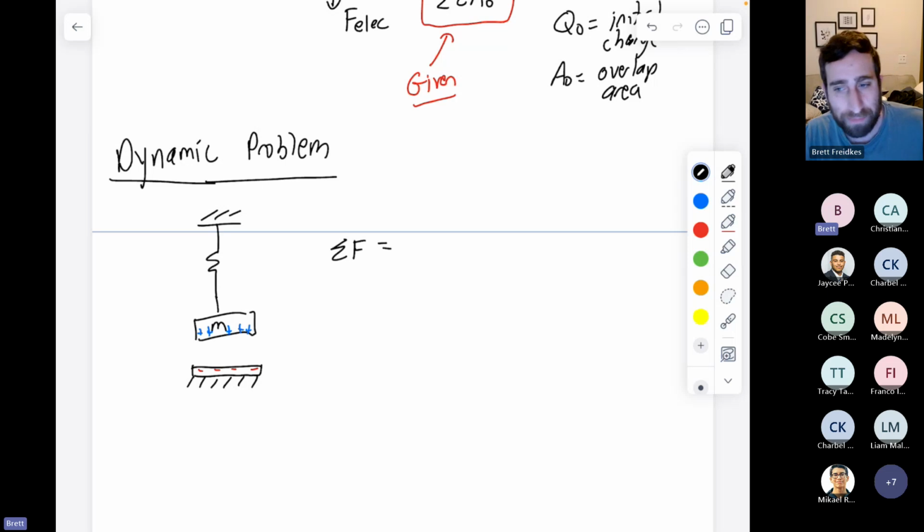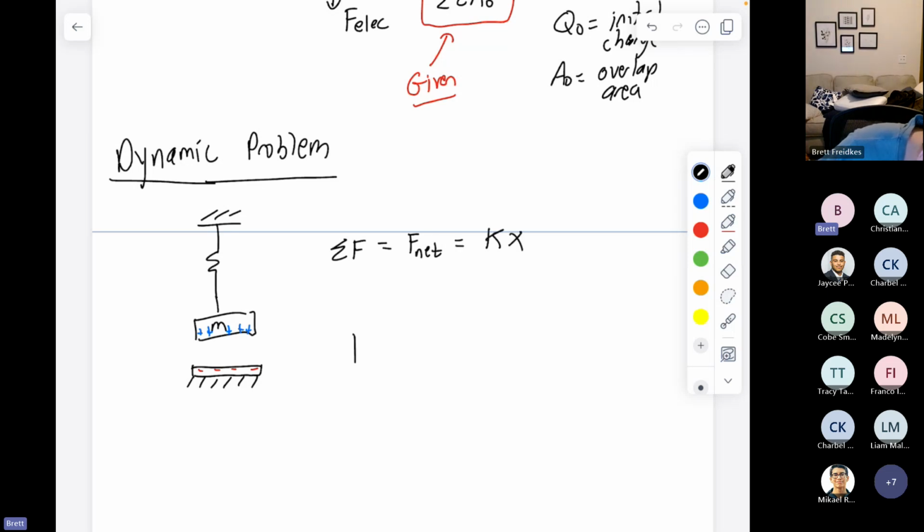I'm not going to set it equal to ma like we usually do. I just want to find what the net force is in terms of our stiffness and in terms of our electrical force. So I'm going to say that this is equal to some net force that is acting on the mass. And this will be equal to Kx.